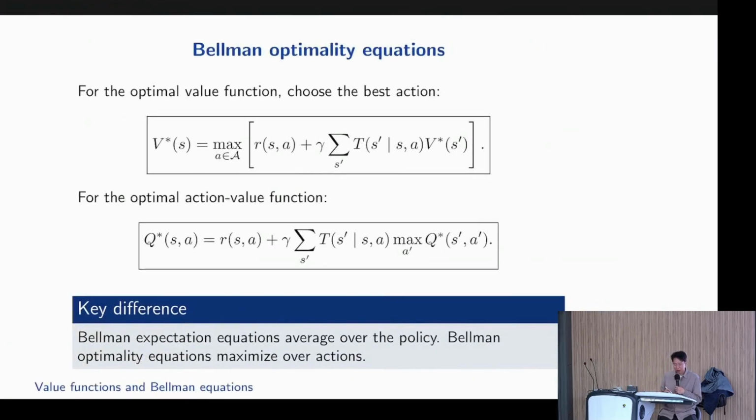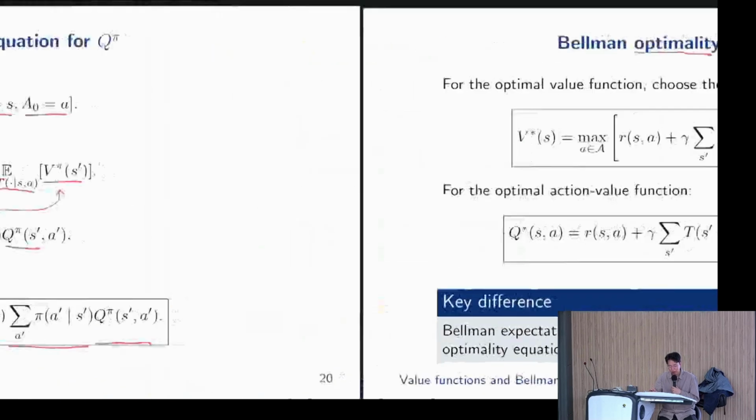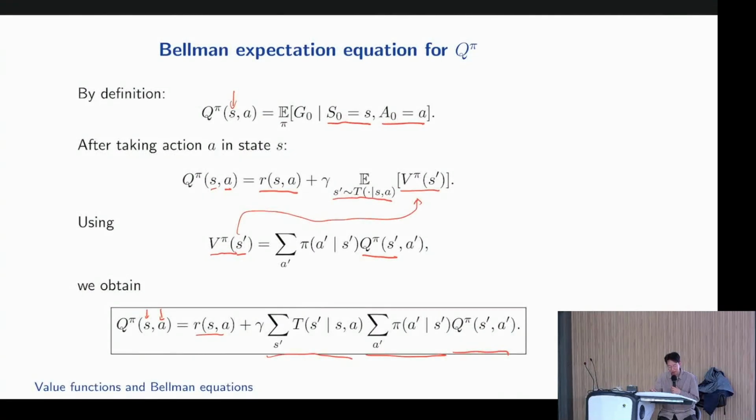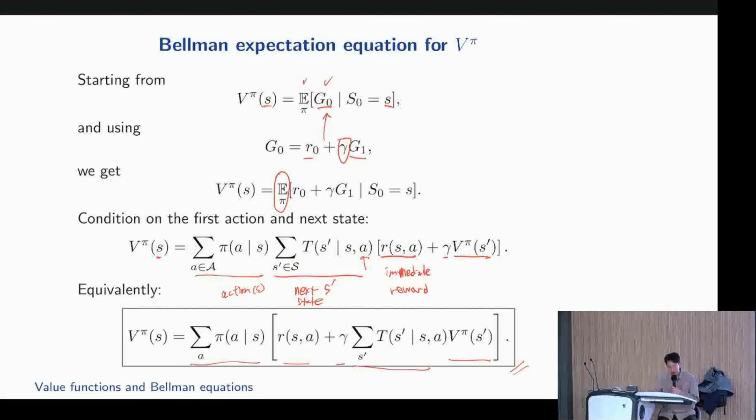So we defined the Bellman equation, and what about the Bellman optimality equation? If we act optimally, the logic is pretty similar. When we derived the Bellman equation, we started off by inserting the one-step decomposition of the return here, right? Here, we took the expectation under the policy.